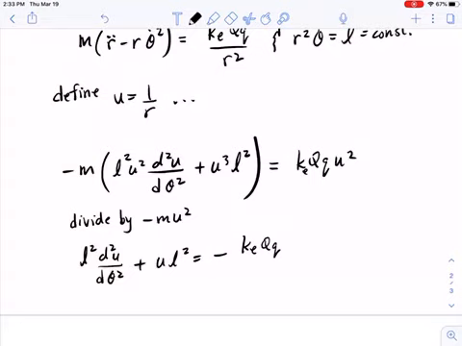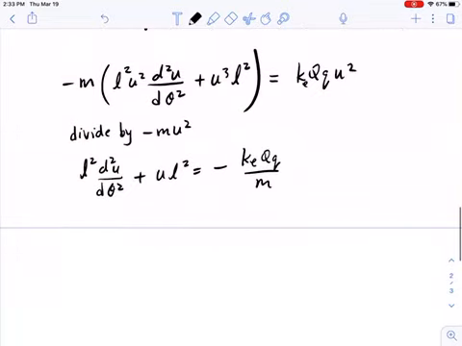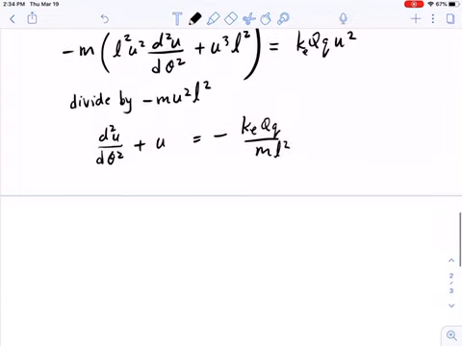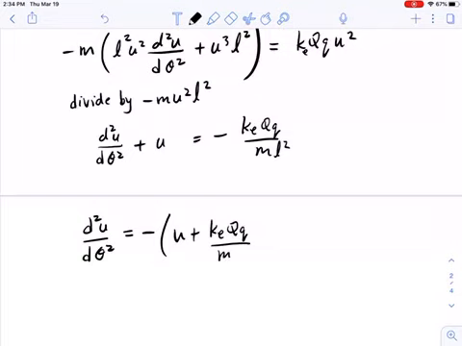The u squared goes away and we divide by m. Okay, in fact, what I should have done is I should have divided by also an l squared. So let's do that. And we'll just stick in an l squared over here. Okay, so d2u d theta 2 is equal to minus u plus ke q q over m l squared.